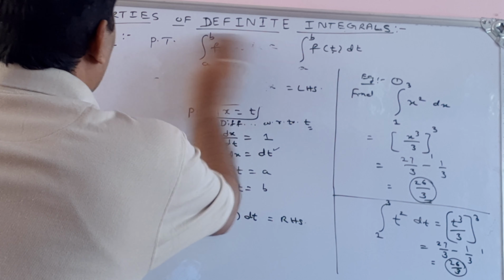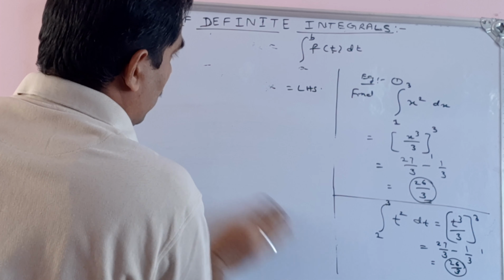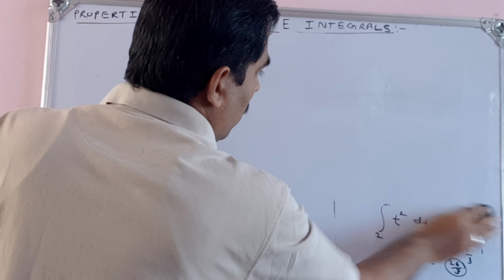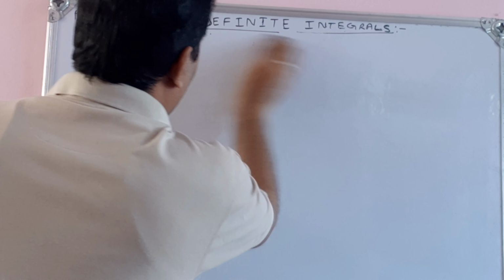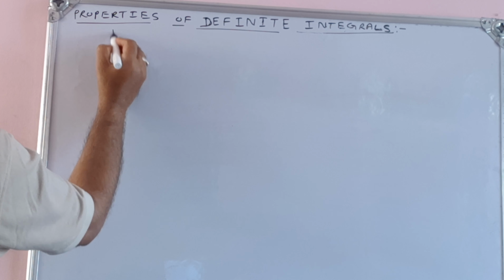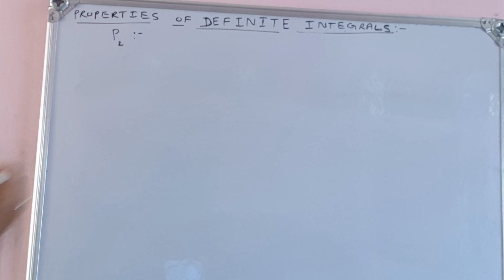Okay, let me consider another property, which I will call P2, the second property. This is also one of the important properties.